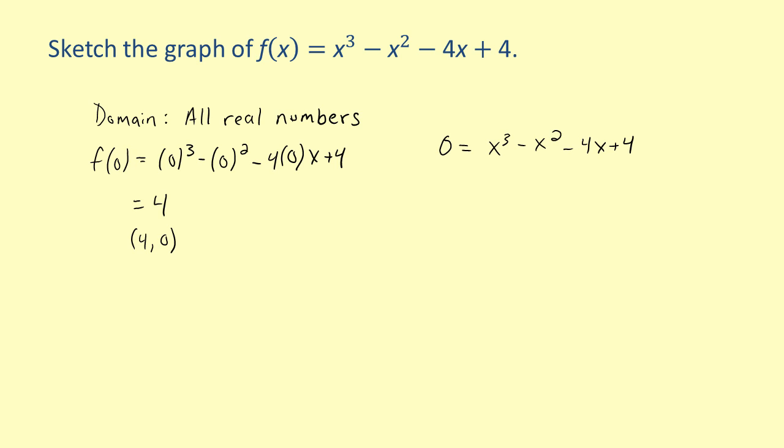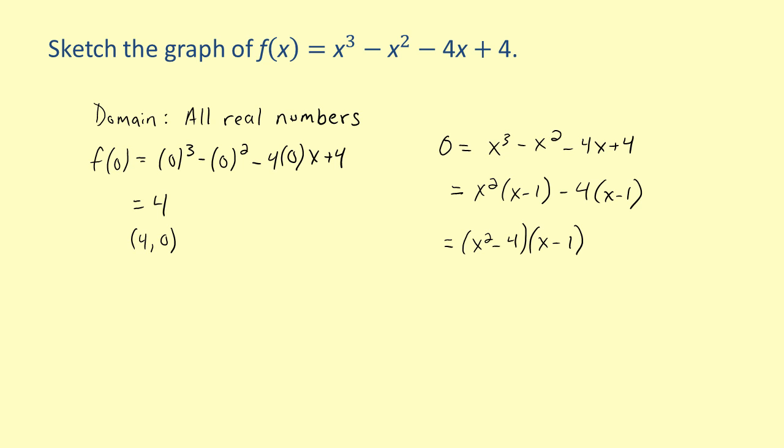Let's try to factor the polynomial by grouping. In the first two terms, we can factor out an x squared, and we can factor negative 4 out of the third and fourth terms. Removing the common factor, we get the quantity x squared minus 4 times the quantity x minus 1. Notice that the first factor is a difference of two squares.